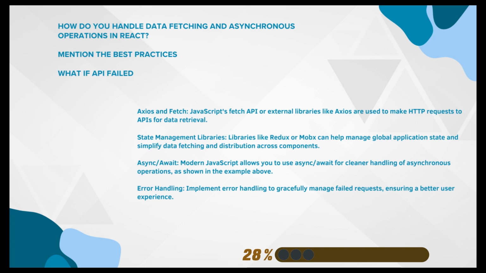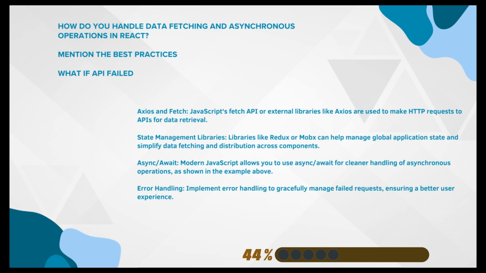So if you pass the arguments, depending on that, the API call will happen. You can also do it using Axios. Axios is a third-party library, like an HTTP client. If you use Axios, the result will directly give you a response object instead of a promise, like we have using fetch.